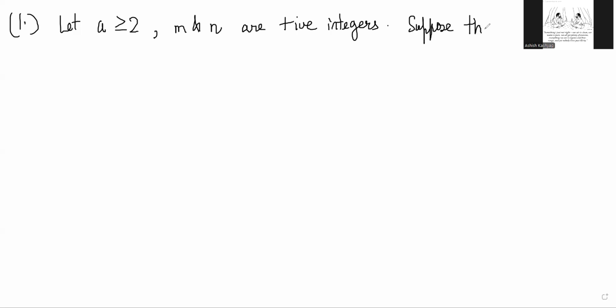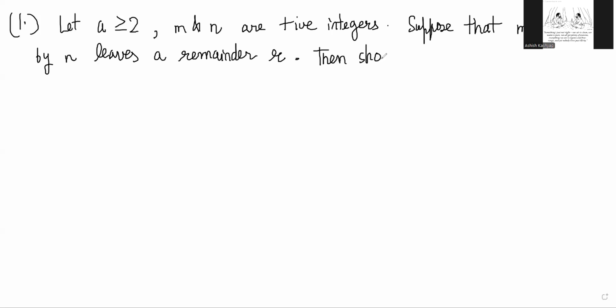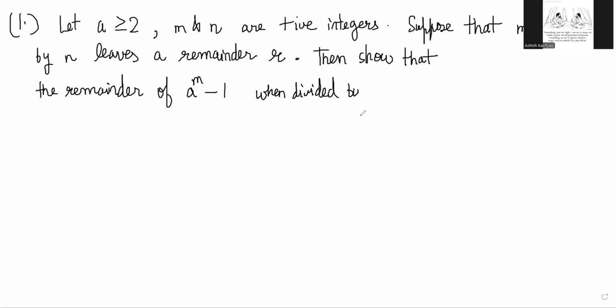Suppose that m divided by n leaves a remainder r, then show that the remainder of a power m minus 1 when divided by a power n minus 1 is a power r minus 1. That is the first problem.